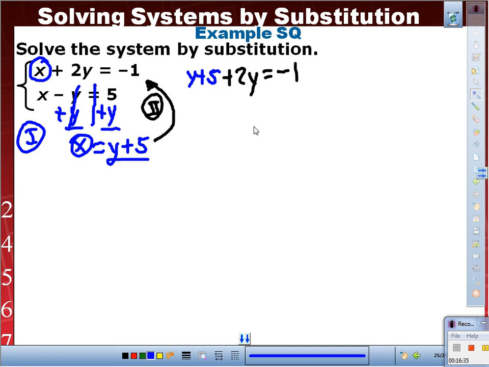I'll give you a head start, and then I'll go over the rest of the process if you get the same thing. Copy that and go. All right, let's see. Haley, step 3. What do I do?